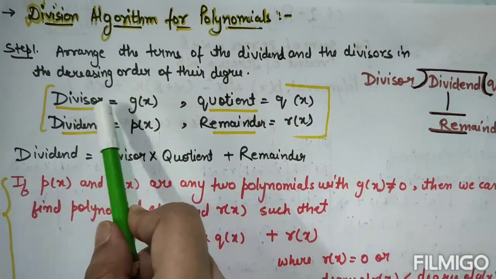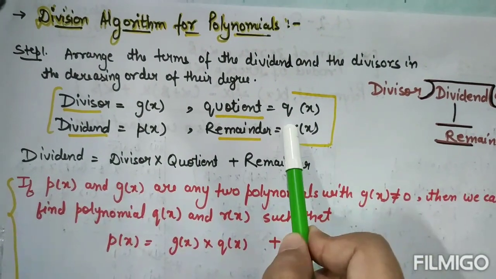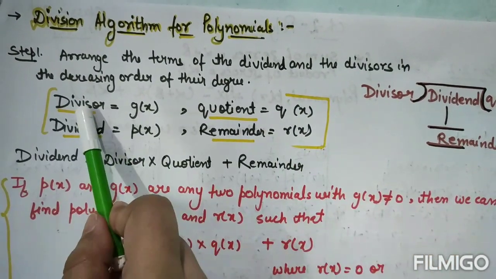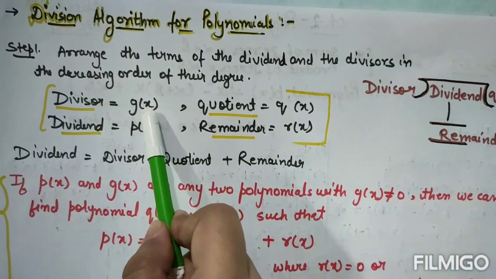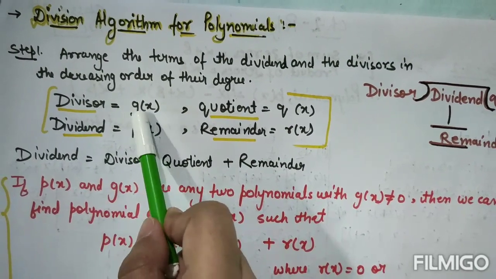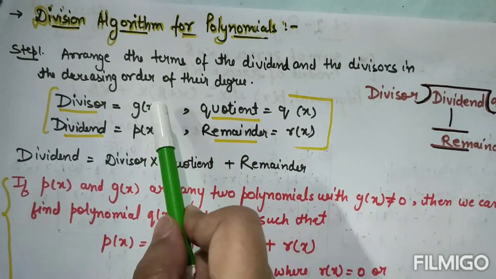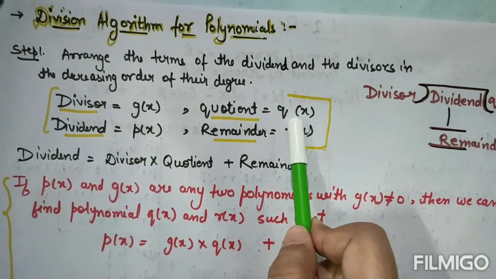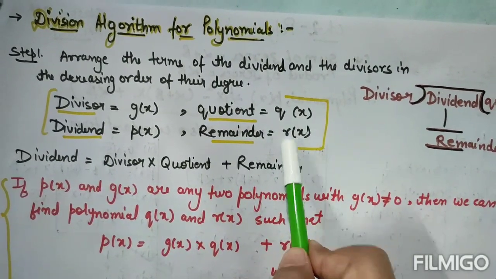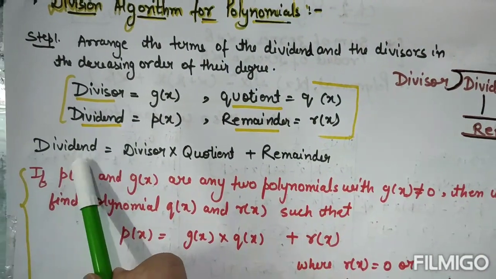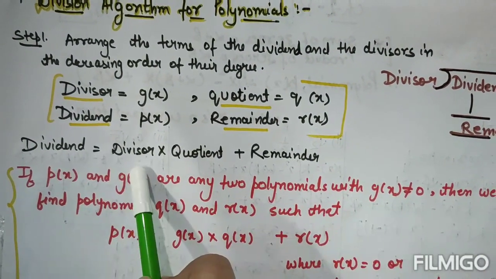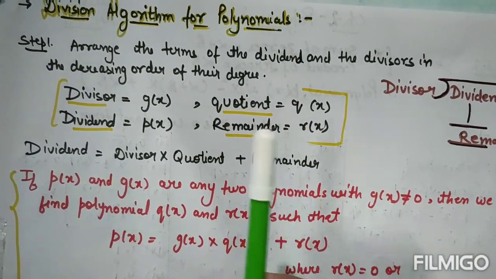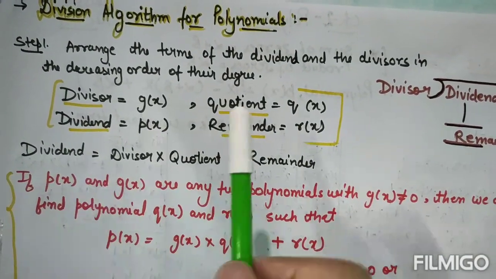These are the notations. You have to write in this form. Our divisor will be indicated as g(x), a polynomial of variable x, the dividend as p(x), and the quotient and remainder you will get as q(x) and r(x). Now you all know that dividend is always equal to divisor multiplied by quotient plus remainder. This you have already done.